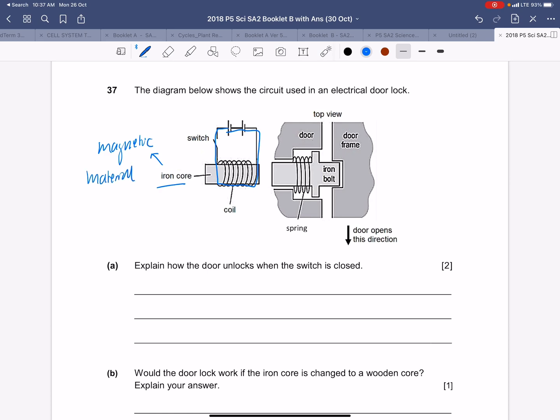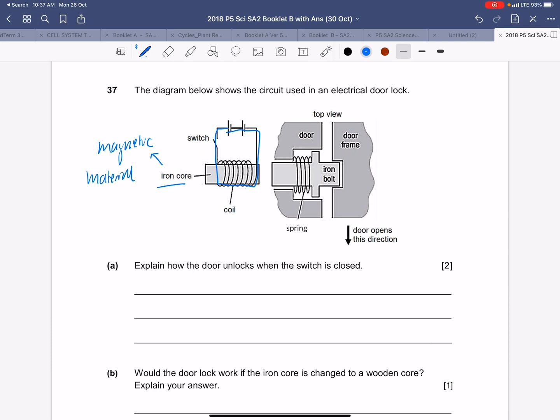So because it is a magnetic material, you would know that it will become an electromagnet when electricity is running through a coil wire around this magnetic material. You have learned this in P3.